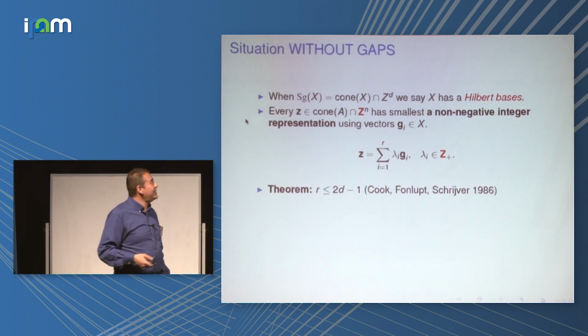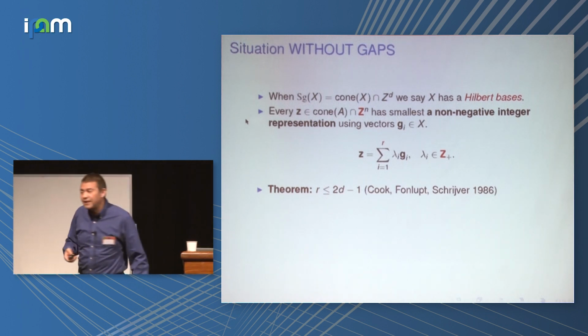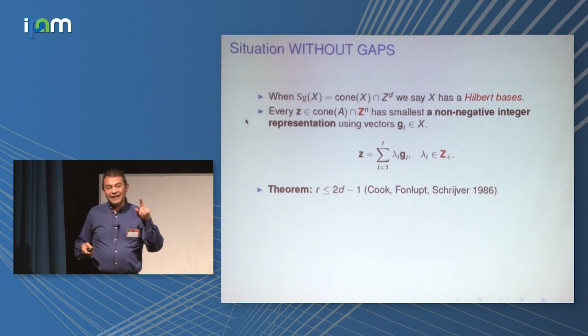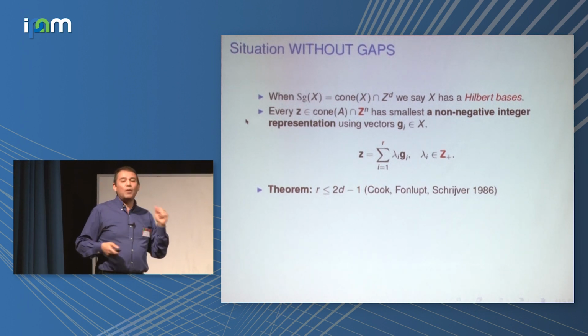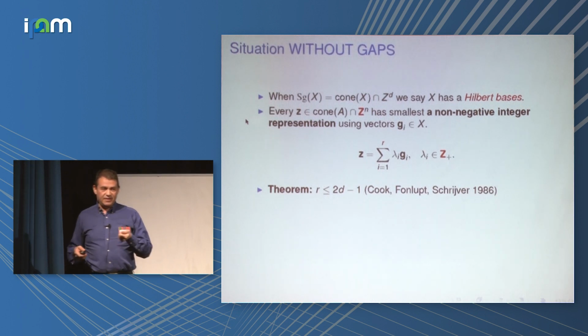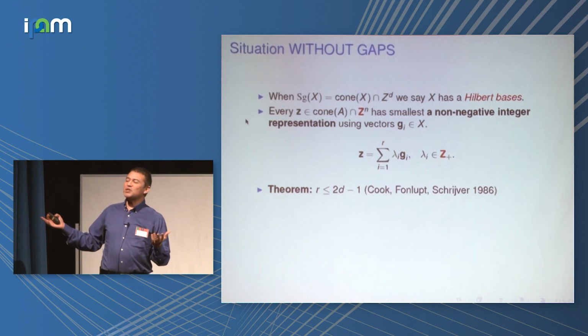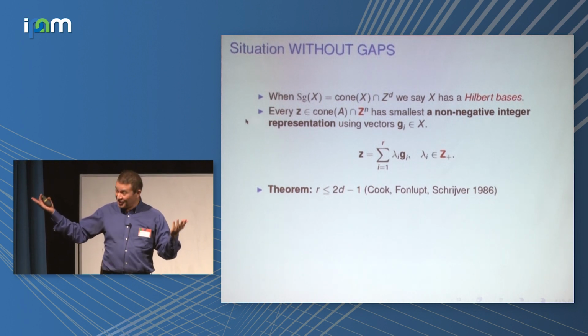In 1986, these three gentlemen discovered something remarkable: if you have a Hilbert-Basis of a d-dimensional cone, you need no more than 2d minus 1 vectors to express any vector whatsoever. What does this remind you of? Carathéodory's theorem, right?